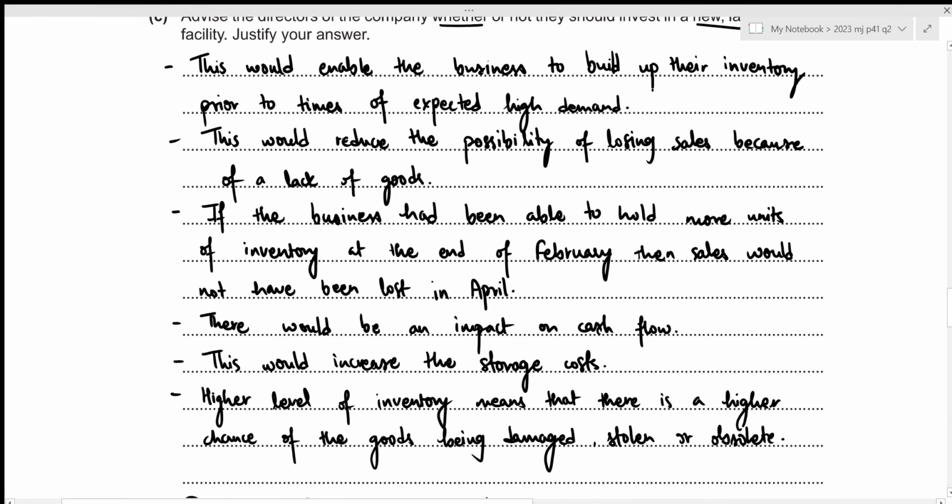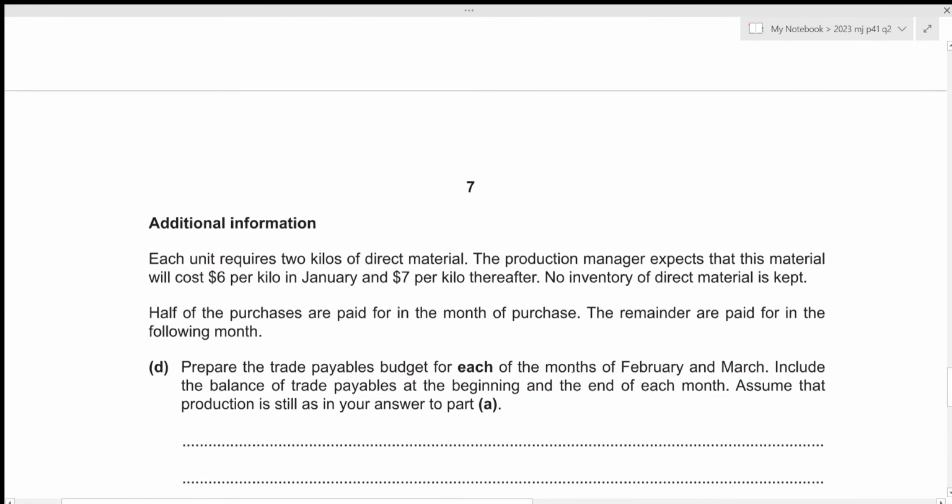Okay, that's all for the third part of this question. We can now move towards the fourth one.